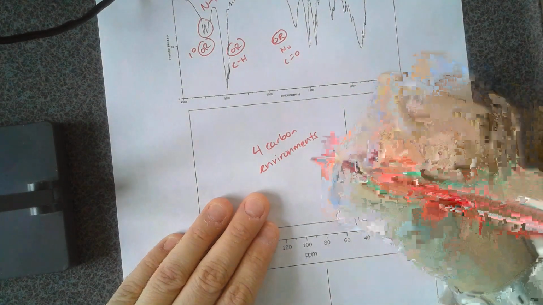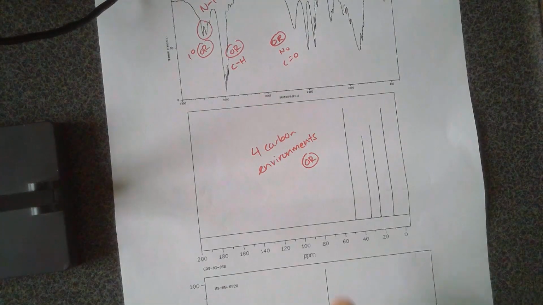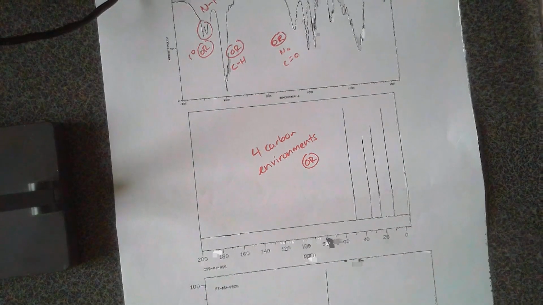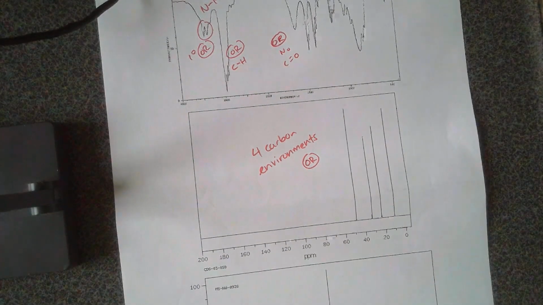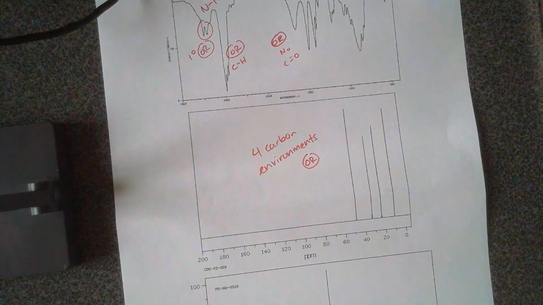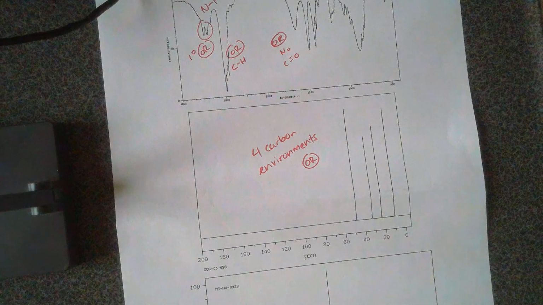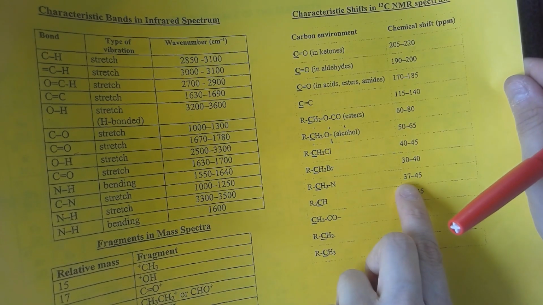The other thing that I'm happy to accept as my OR option is if you tell me what the different peaks are. So basically identifying that that would be your amine peak. Let me just grab my periodic table and my sheet here. So when I'm looking at the spectra for the carbon NMR, if I have a carbon attached to a nitrogen, it should be between 37 and 45.